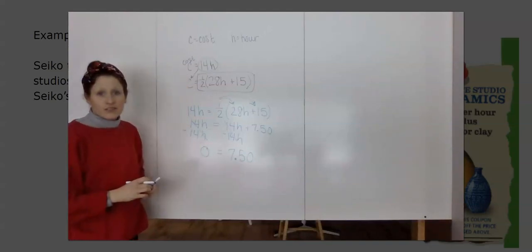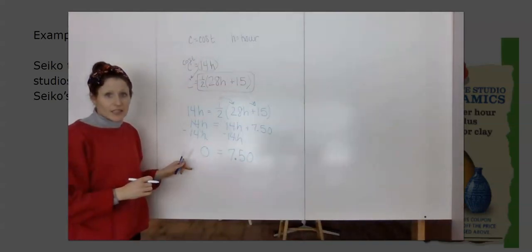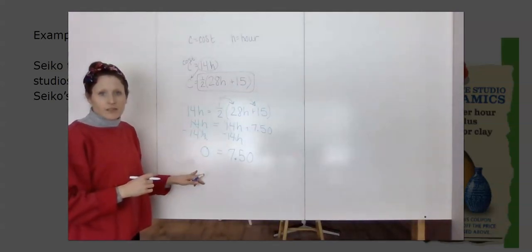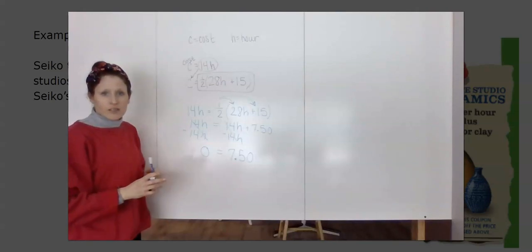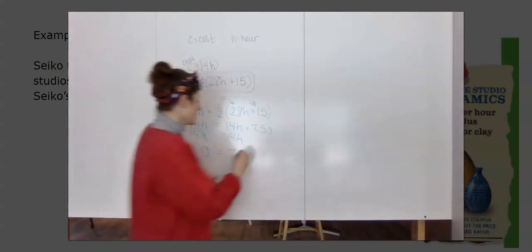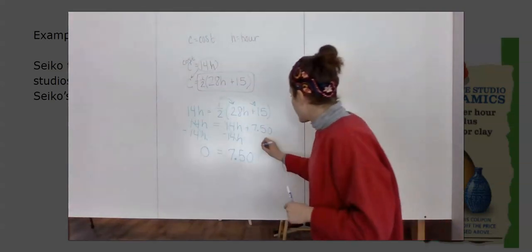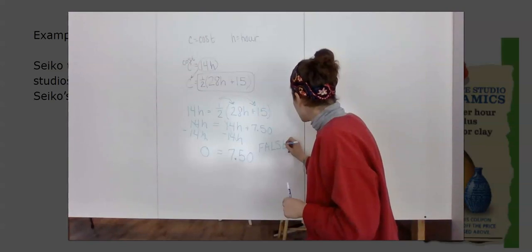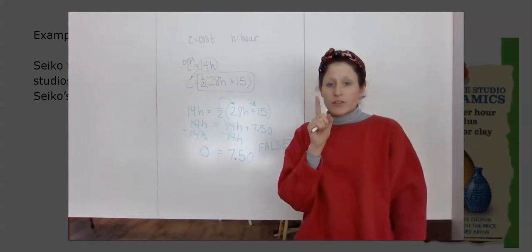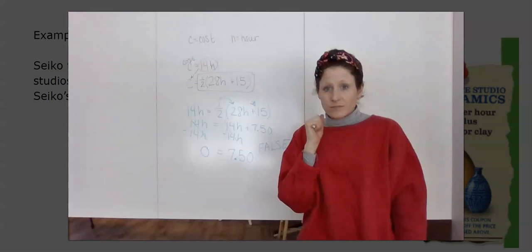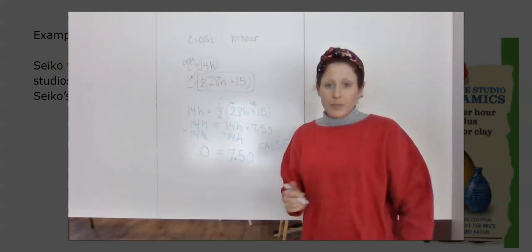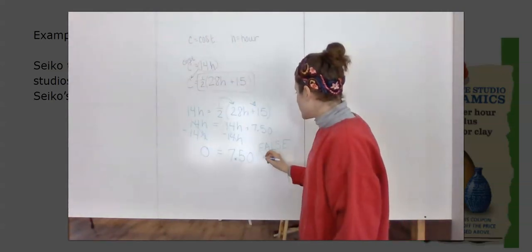You're not wrong. That's what happened mathematically. Is this a true or false statement? Does 0 equal $7.50? Well, remember, we can have one point of intersection, which means one solution, or we can have parallel lines, or we can have one overlapping line. This here is false.